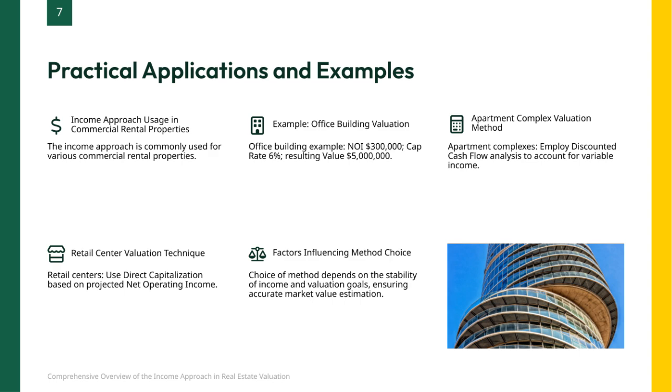Apartment complexes, on the other hand, often require a more nuanced method like discounted cash flow analysis. This is because their income can be more variable, so projecting future cash flows and discounting them to present value provides a clearer picture. For retail centers, the approach tends to focus on direct capitalization, which uses a projected net operating income to determine value.